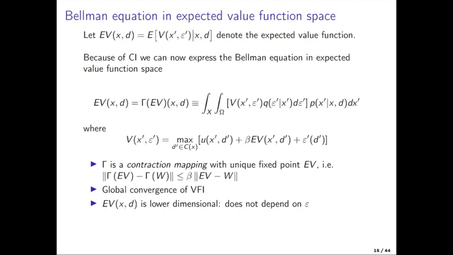Rust proves that this is also a contraction mapping with a unique fixed point, so that you can do successive approximations. So you get global convergence of value function iterations, or successive approximations. The key thing is that EV is lower dimensional and does not depend on epsilons.